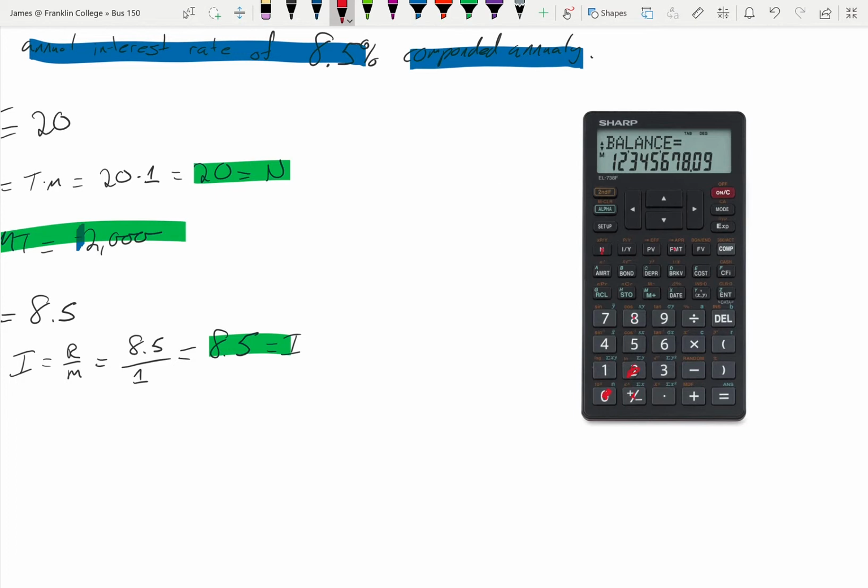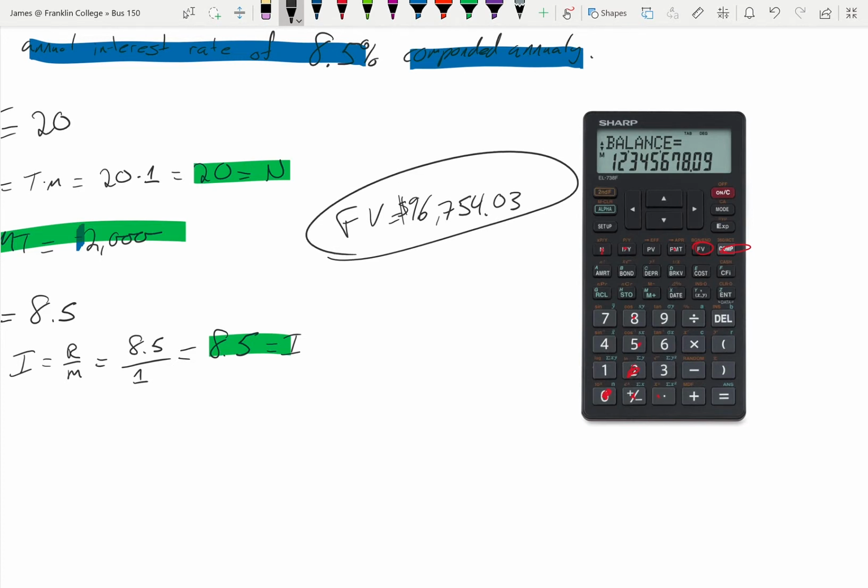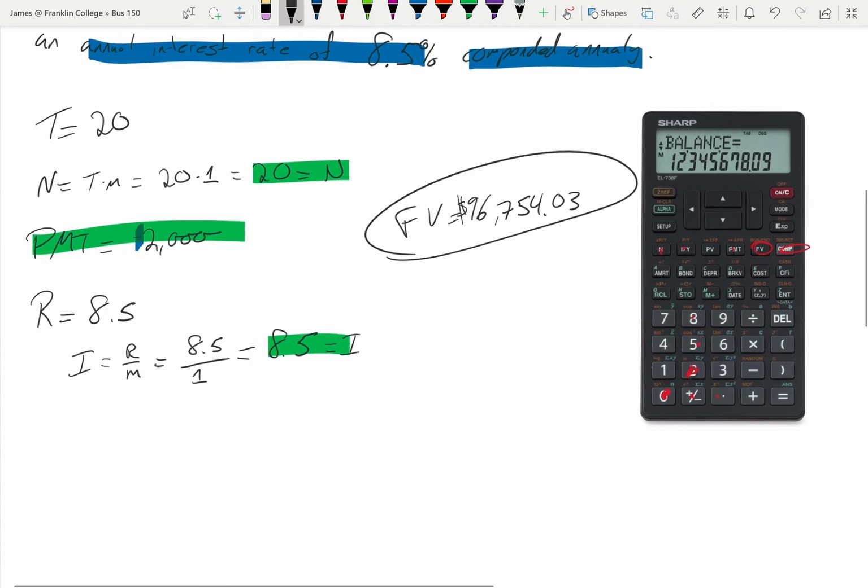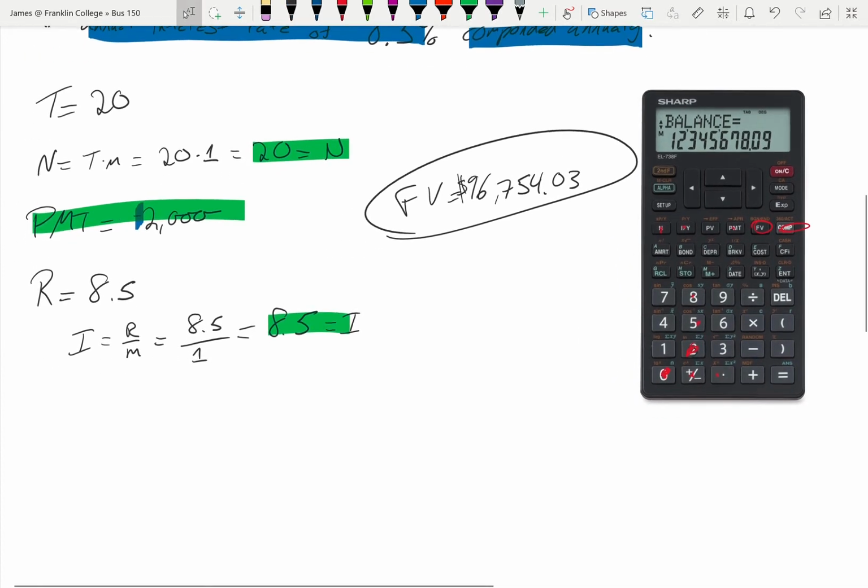We can plug in 8.5 for our I, and then we are going to compute for future value. And after we compute for the future value, we're going to get a future value of $96,754.03. So that's how much money is in the account after 20 years of annual $2,000 payments.